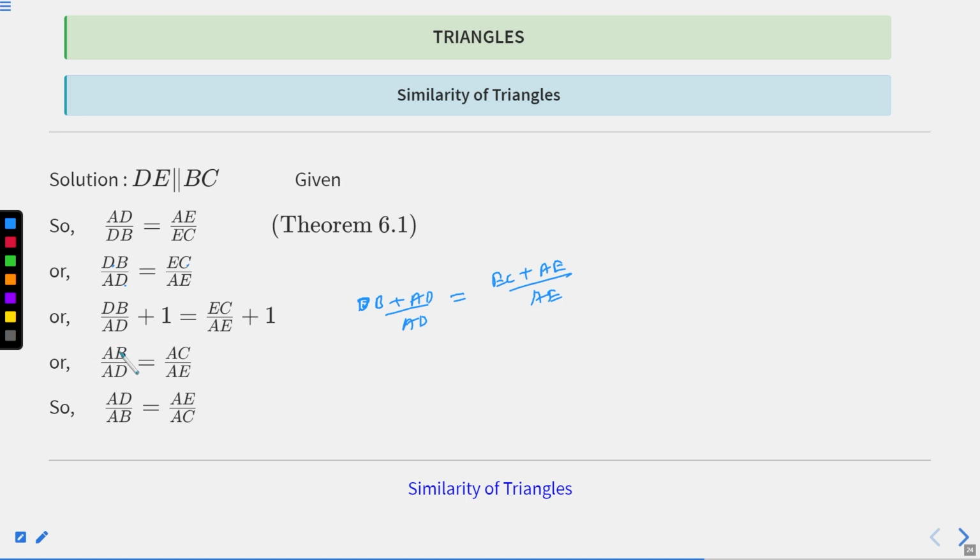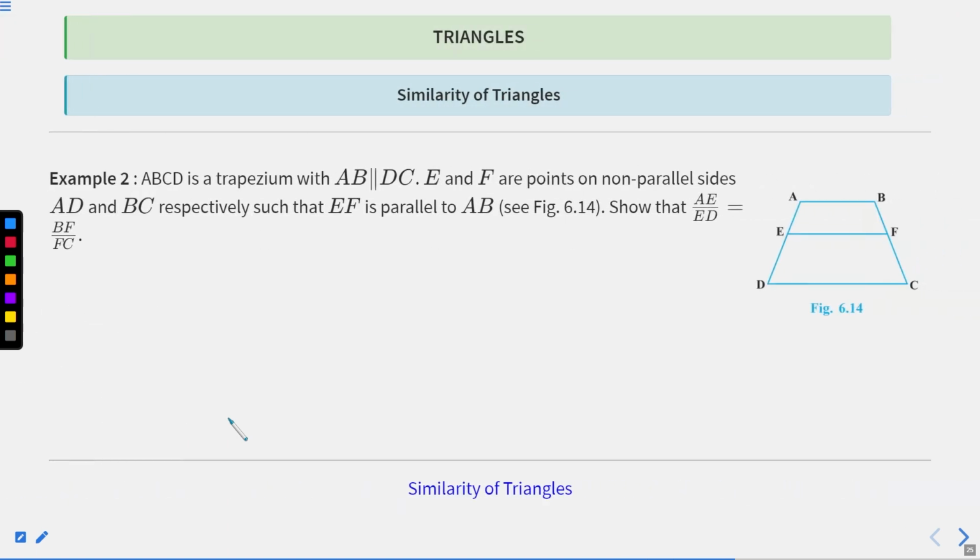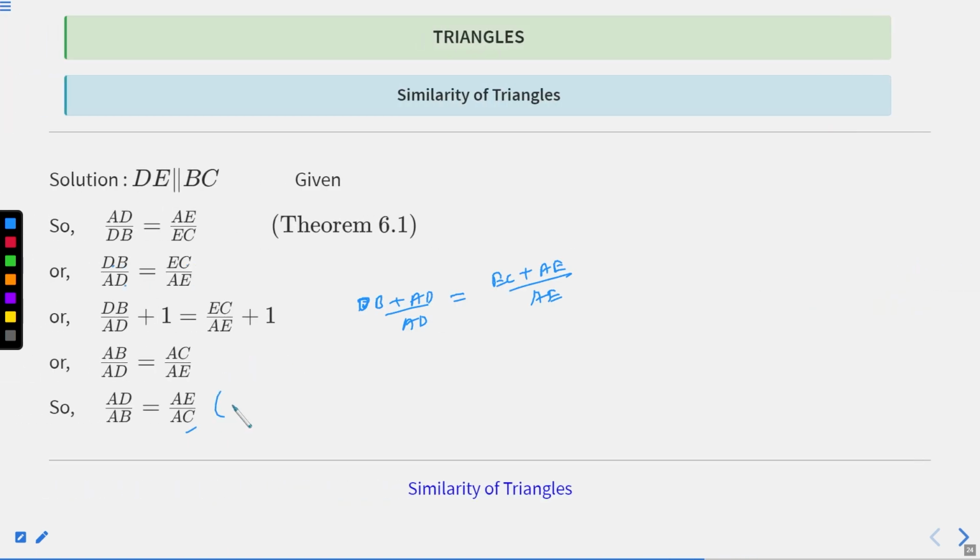That is, AB over AD is equal to AC over AE. So AD over AB is equal to AE over AC. So here we proved example 1 by using theorem 6.1.